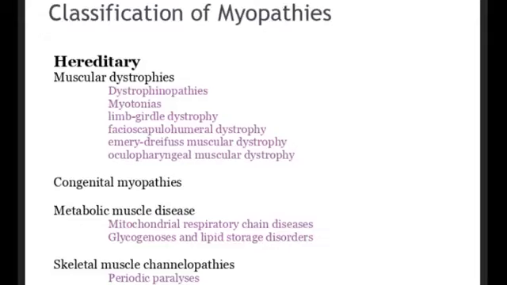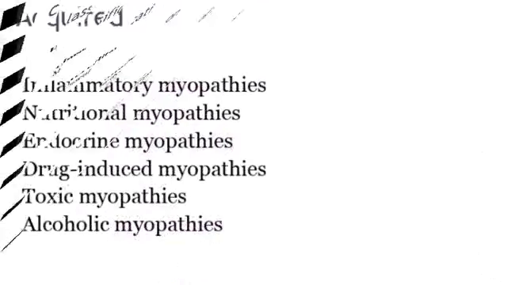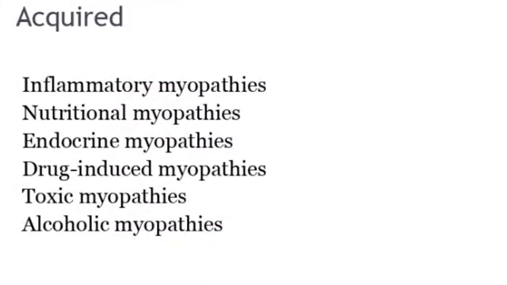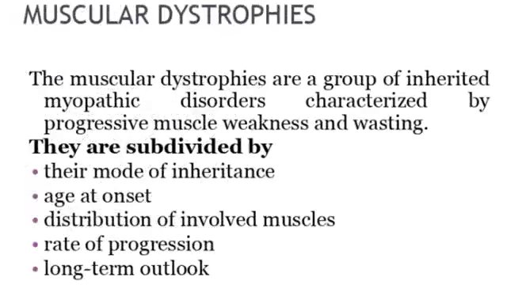And the most important are the skeletal muscle channelopathies, which are called periodic paralysis. The other class of myopathies is the acquired, which includes inflammatory myopathies, nutritional myopathies, endocrine myopathies, drug-induced myopathies, toxic myopathies, and lastly alcoholic myopathies.